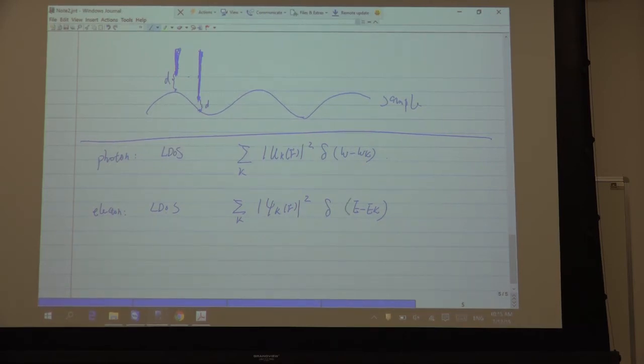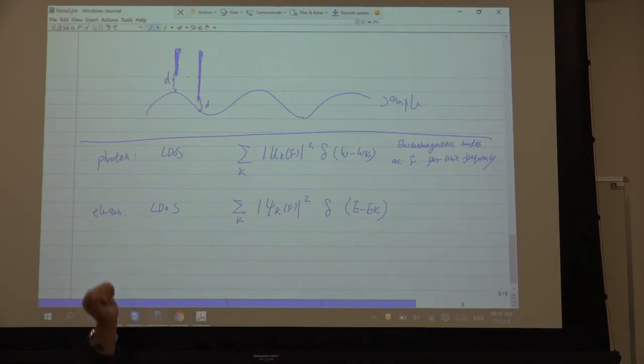The local density of photon states just counts electromagnetic modes at r per unit frequency. This is the physical meaning. The local density of states of photons determines the spontaneous emission rate at this point, meaning how many photons can be emitted per unit time.